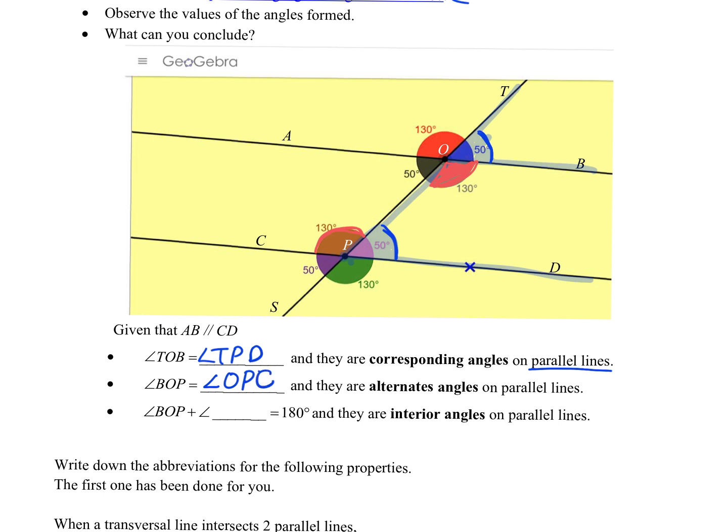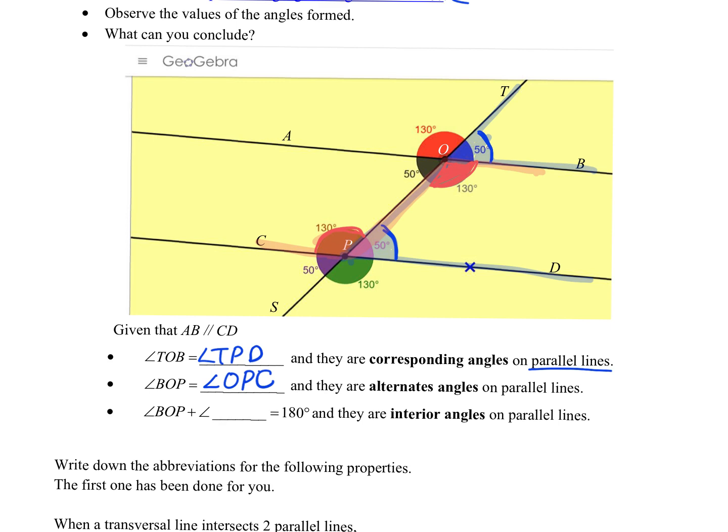Right? So in this case, what do you notice? They form a letter Z. It looks something like a letter Z, and this angle and this angle are equal. So these are called alternate angles on parallel lines, and when they are parallel lines, these two alternate angles will be equal to one another.